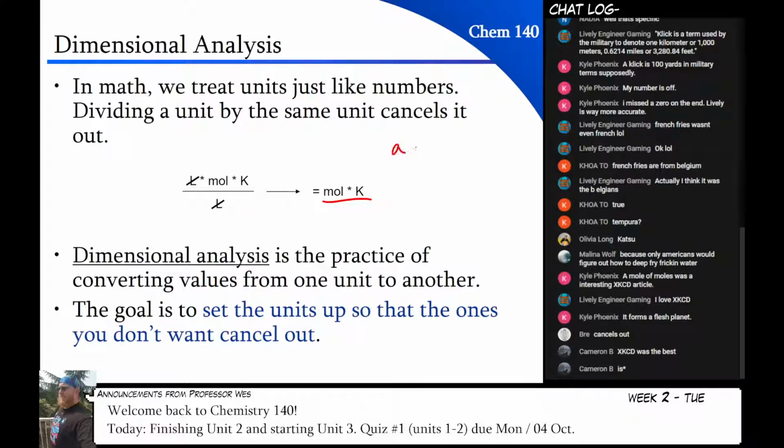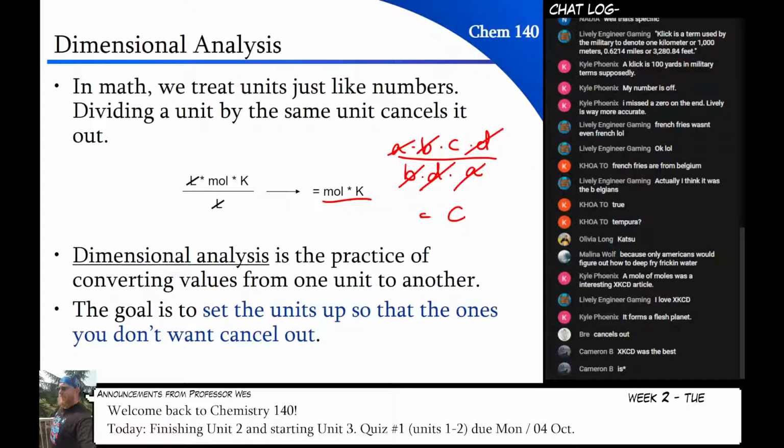But if I have something like this, everything that matches cancels out. So you can do all your multiplication at once. What I'm going to be doing is putting a giant train track type thing of all of our units, just one after the other after the other.